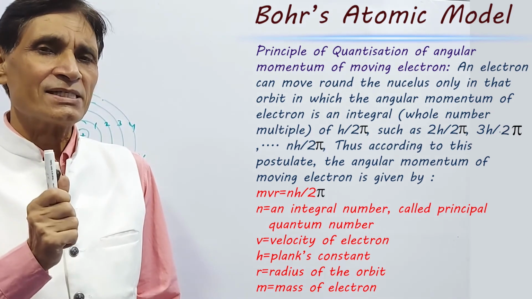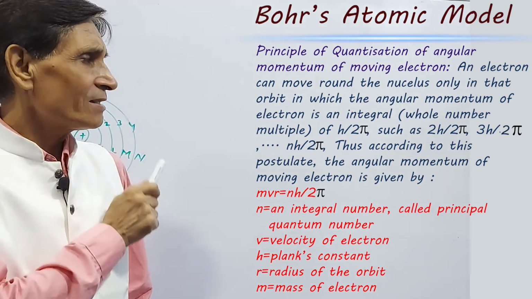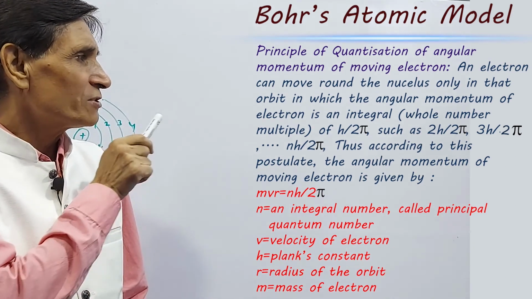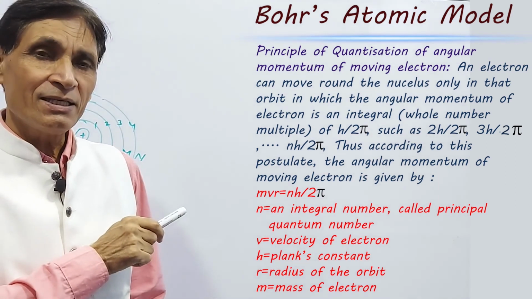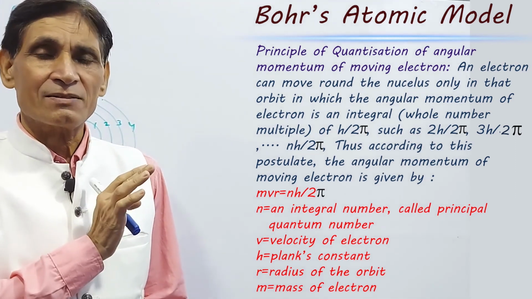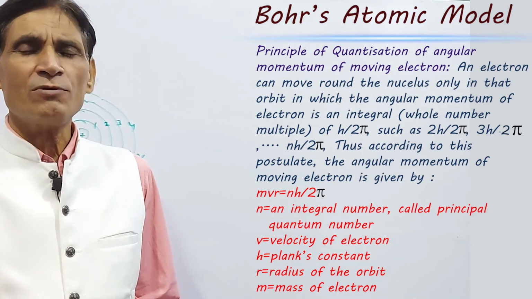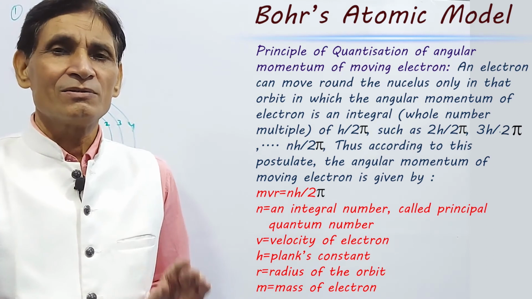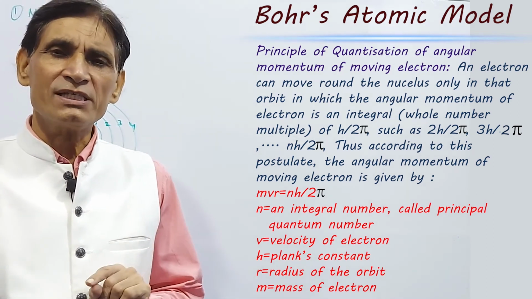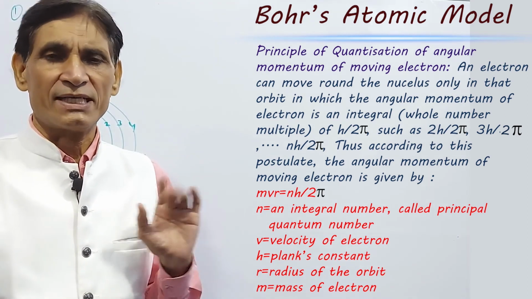Hence, we can say the angular momentum of electron is integral multiple of h by 2 pi, such as h by 2 pi, 2h by 2 pi, 3h by 2 pi, and this is never fractional. Angular momentum can never have fractional value of h by 2 pi. Hence, angular momentum of electron revolving around the nucleus in energy level is quantized.